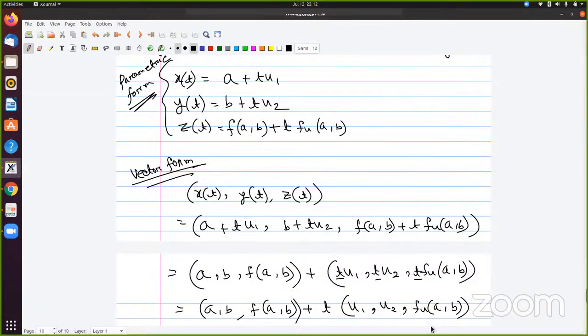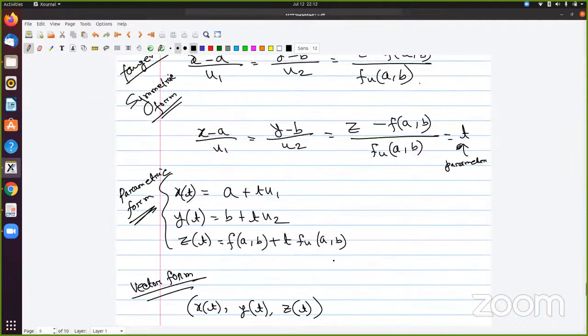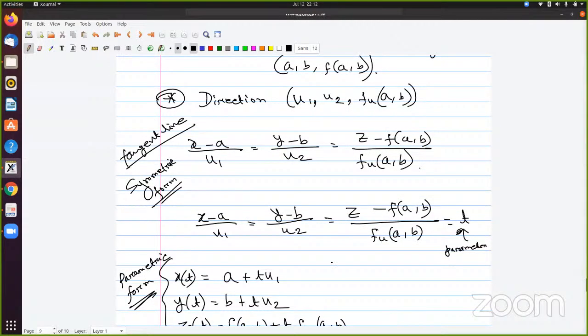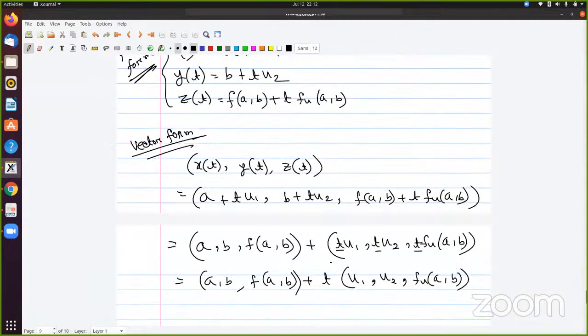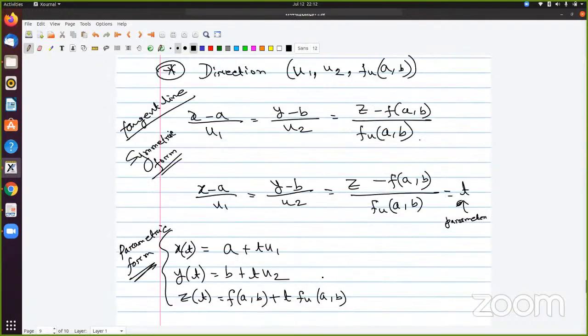Clear? So that's how we get the vector form. If you just remember the first symmetric form, then I think everything you can just derive. You don't have to remember all the formulas. You can just derive it in the exam hall itself. It will not take much time. Okay, clear? Yes, sir. Okay, great.